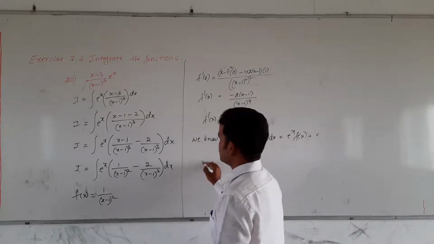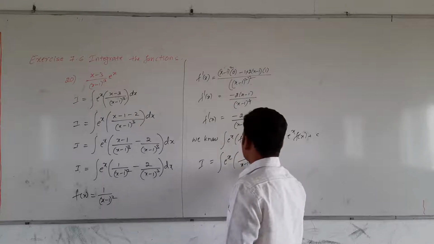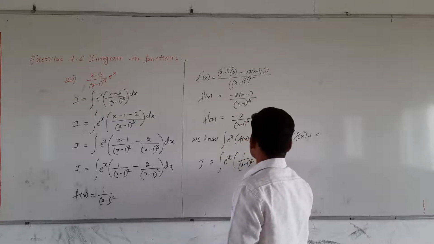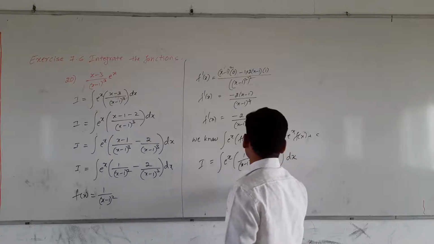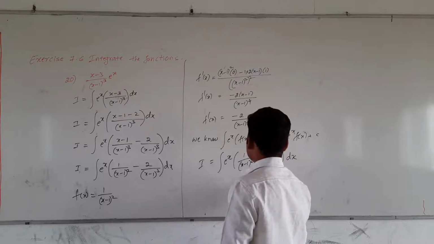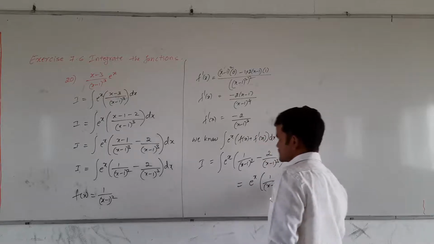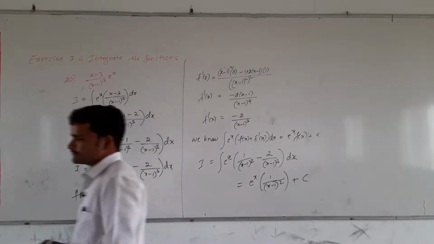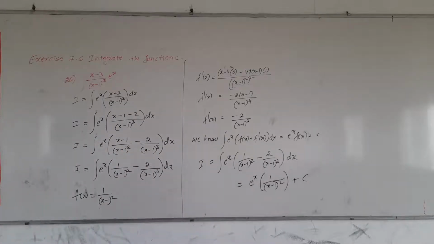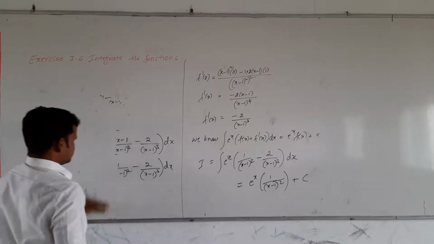In the same way, here I is equal to the integration of e raised to x into 1 by x minus 1 whole square minus 2 by x minus 1 whole cube into dx is equal to e raised to x into 1 by x minus 1 whole square plus c. Problem number 20 it is.